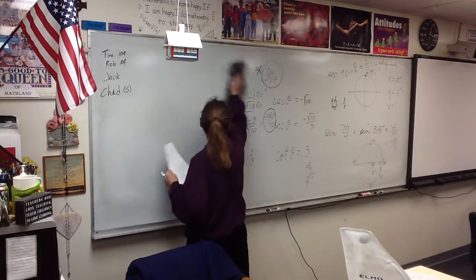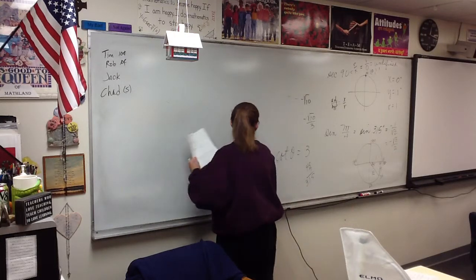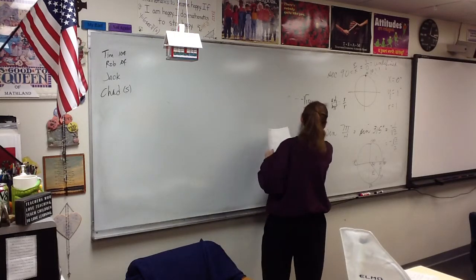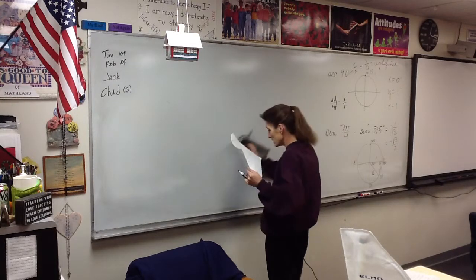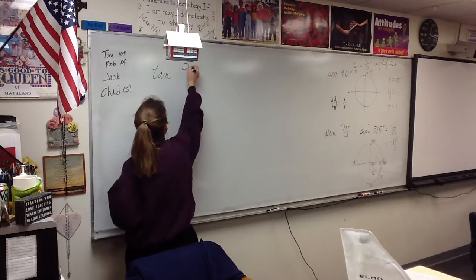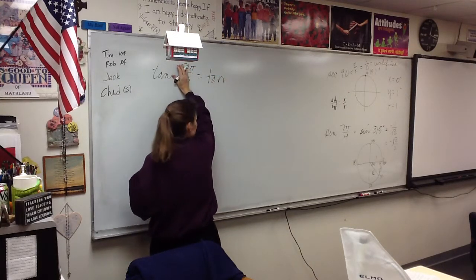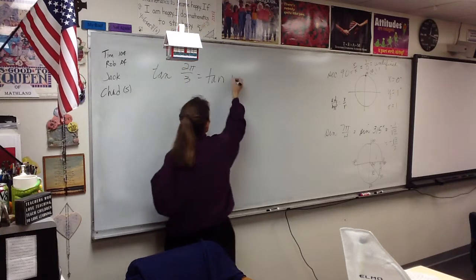We're going to find the tangent of 2 pi over 3. So the first thing you're going to do, probably, is change your 2 pi over 3 into degrees. So here we go. The tangent of 2 pi over 3. Pi is 180, divided by 3 is 60, times 2 is 120.